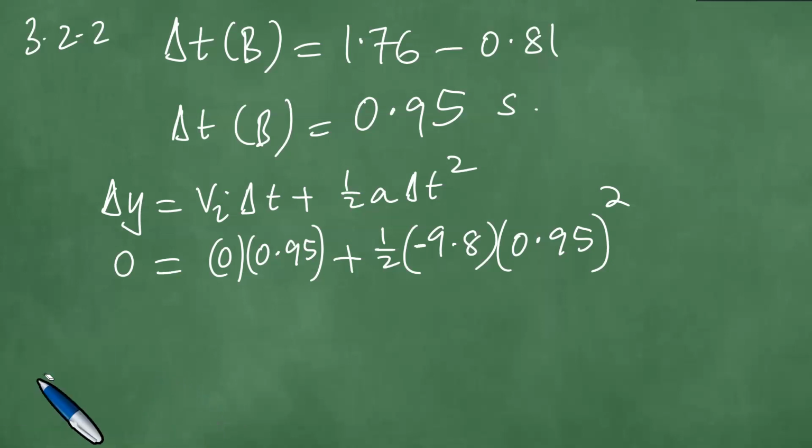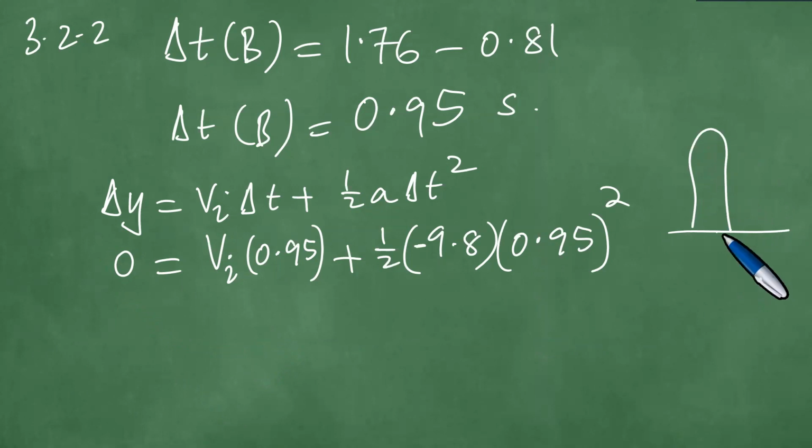Let's analyze this. Because it's going to come back down to the ground, the displacement is going to be 0. In physics, if you go up and then come back down, what displacement have you covered? You're going back to the same position, so the displacement is 0 for B.